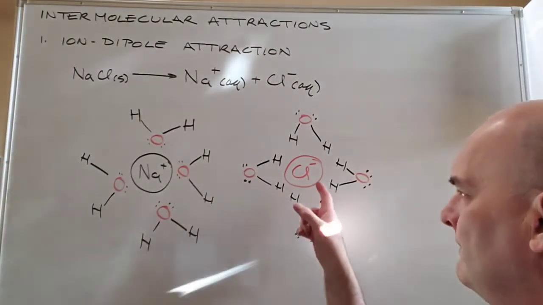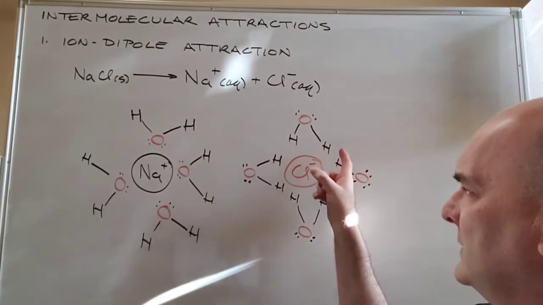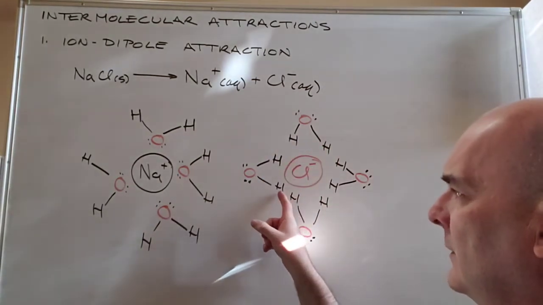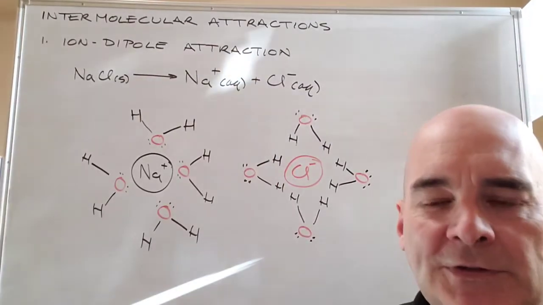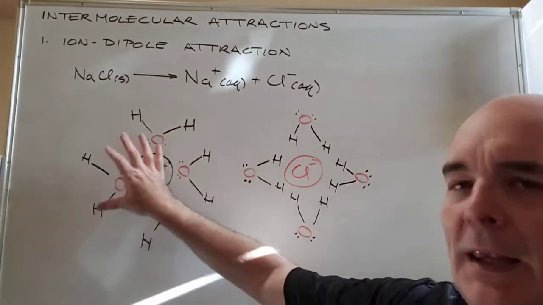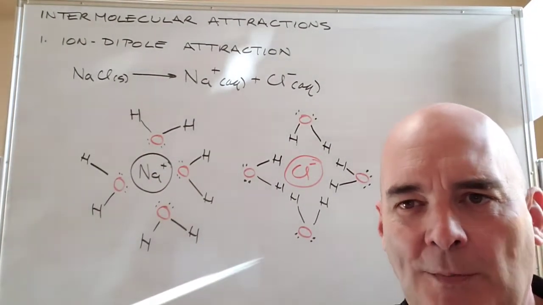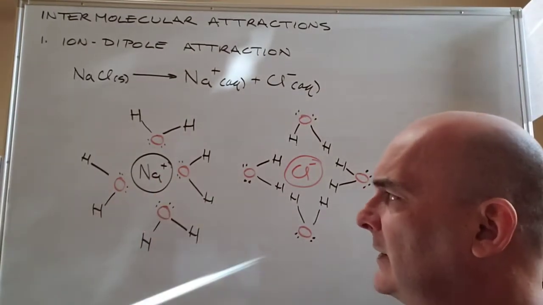And conversely, the chloride that goes into solution, well, it attracts attention from water through water's positive end, from where the hydrogens are. And it looks like we need about 11 water molecules to completely encapsulate an ion like this.